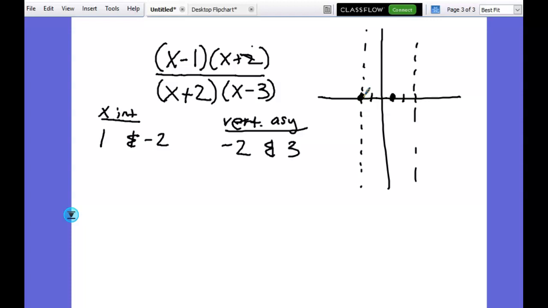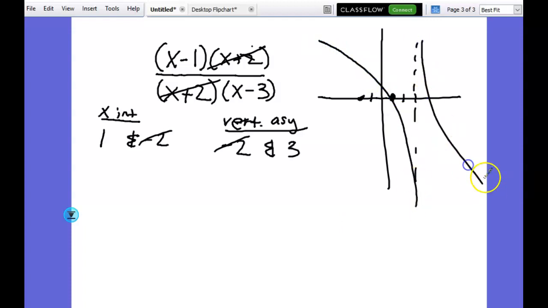And so these guys basically make a deal. They'll say, hey, I won't be a root if you won't be a vertical asymptote. So they both just agree to ignore each other. So that point is not a root and not a vertical asymptote, but I don't know what this graph looks like. Let's just say it looks like this, okay?